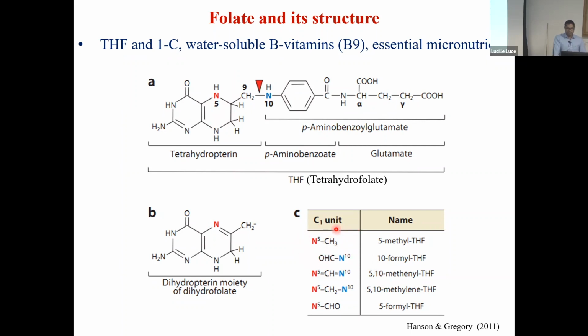They are attached to N5 and N10 enzymatically, and they are interconvertible using different enzymes. Folates are very sensitive to photooxidation and oxidative damage at the C9 and N10 positions, and they can break down very easily to release pterins and PABA-glutamate.